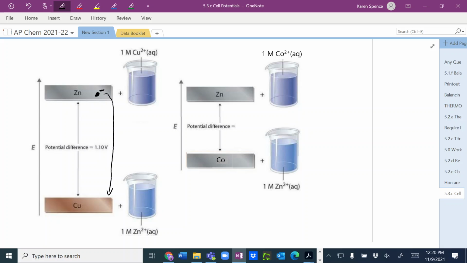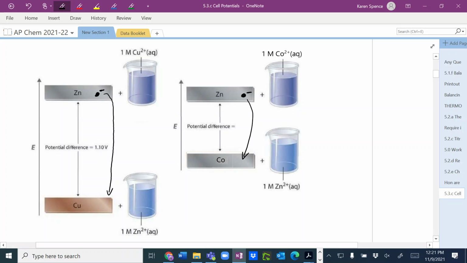Every different substance has its own potential energy for the electrons. Cobalt is less different than zinc. Cobalt is closer in potential to zinc. So would we get as strong of a battery? No. So our voltage will be smaller.